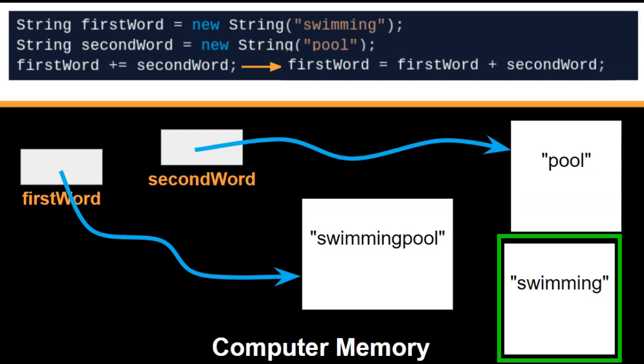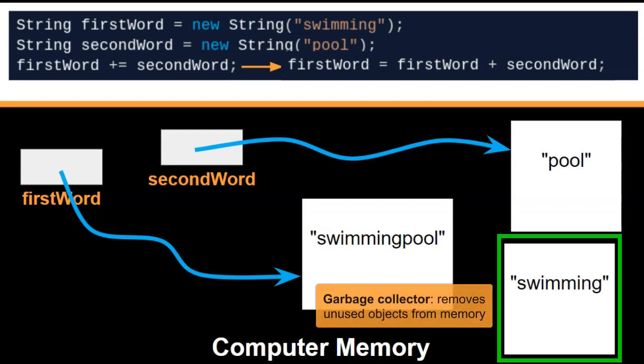Because this object is no longer accessible, it is taking up memory for no reason. Java has a process, fittingly called a garbage collector, that will, at some point, free that memory up, essentially deleting this object.